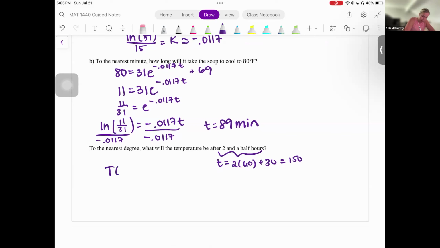So the temperature at 150 minutes is equal to 31 times e to the negative 0.0117 times 150, plus 69. We're going to type this into our calculator. We get 74.36. So rounding to the nearest degree, the temperature after 150 minutes, or 2.5 hours, is about 74 degrees.